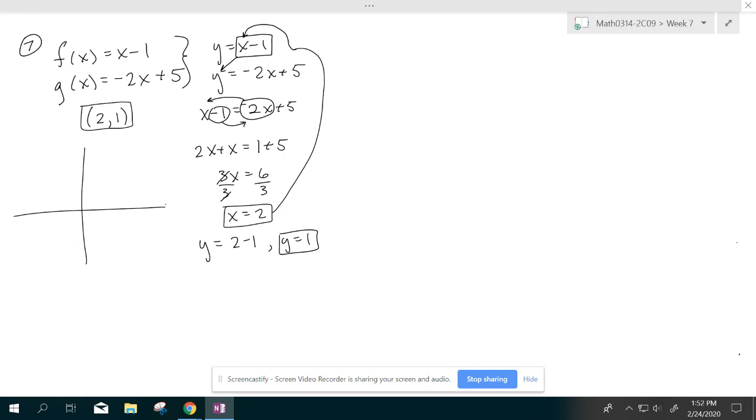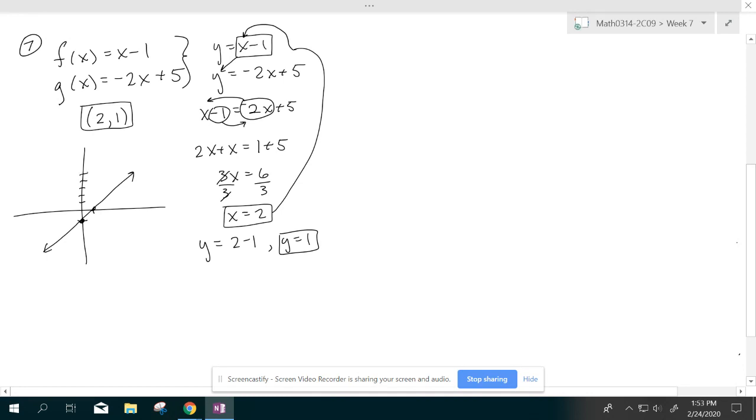So for the first line, I've got -1 as the y-intercept, and the slope is 1. So I'm going to rise 1, I'm going to run 1 from -1. And I'm going to get a line going through like that. That's my first line. My second line has a y-intercept of 5.